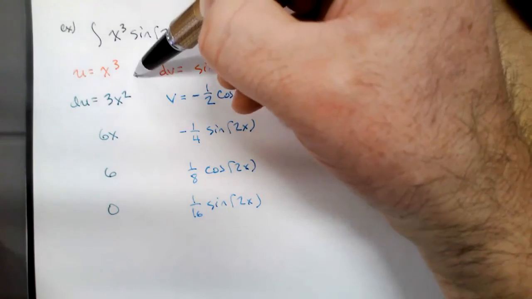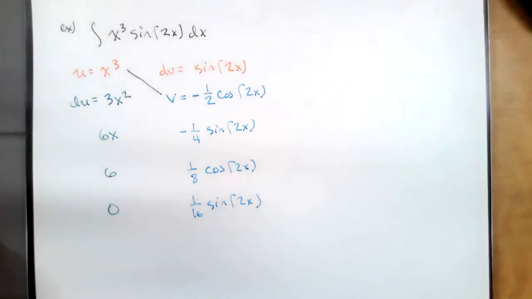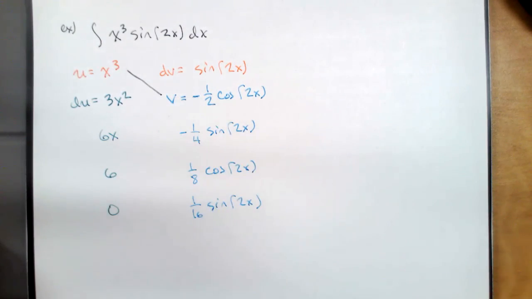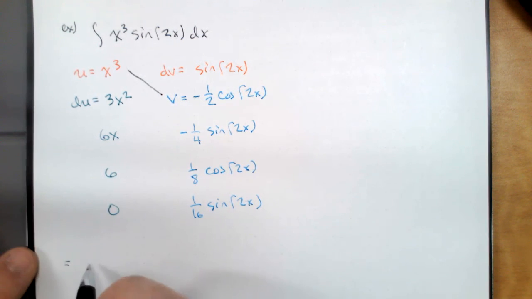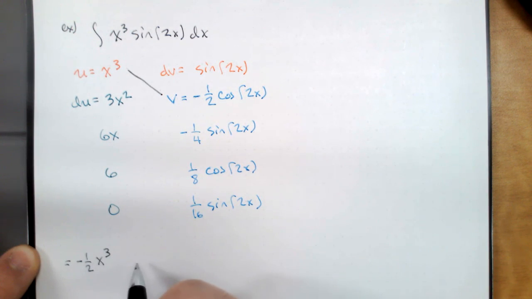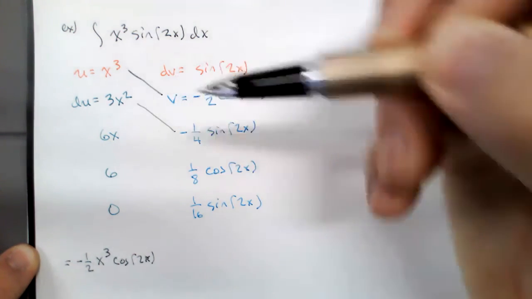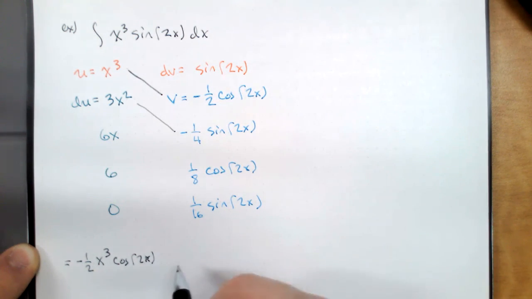The first is our original UV, and this is on the keep the sign level. So I'm going to keep -1/2 x cubed cosine of 2x. The next term is going to be 3x squared times -1/4 sine of 2x.